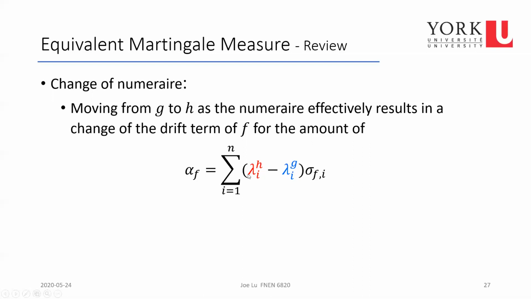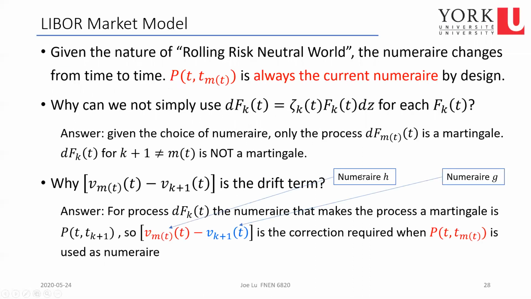There's this difference here between the risk price of H minus the risk price of G, okay? So it's related to this. Why? Well, if you are in the rolling risk neutral world, that means you are changing your numeraire from time to time. That's what the rolling means. The PTM is always the current numeraire, depending on what the m value is.